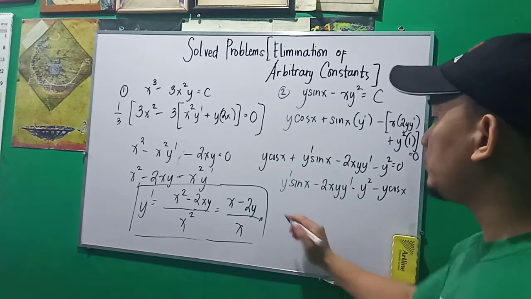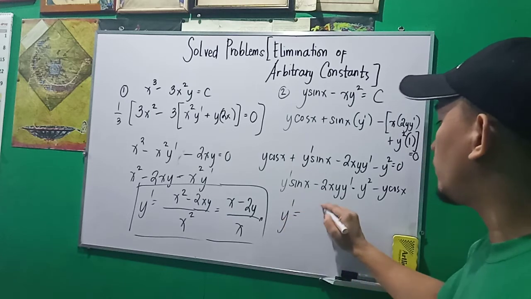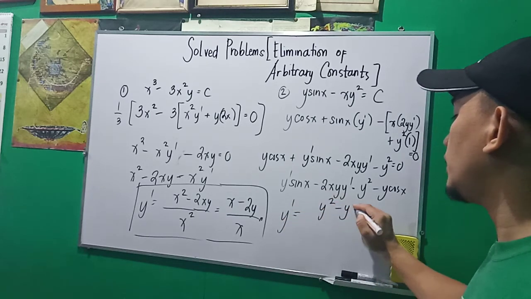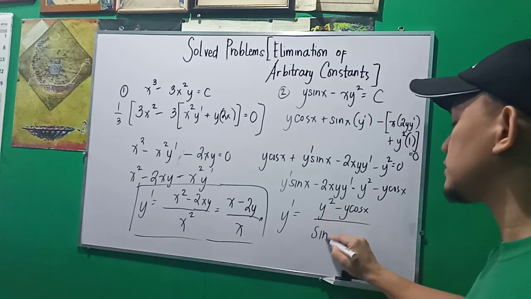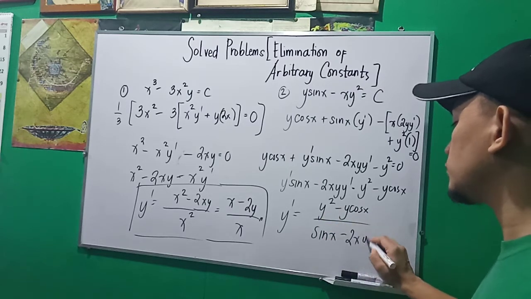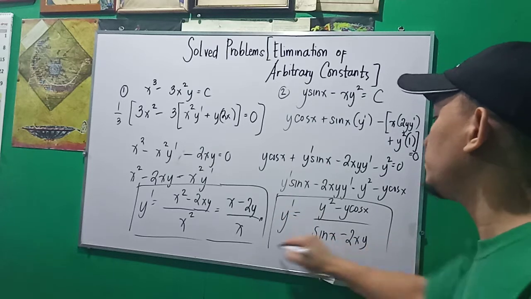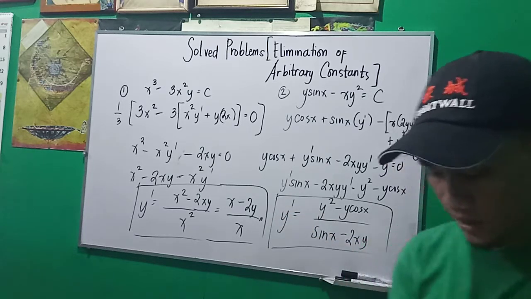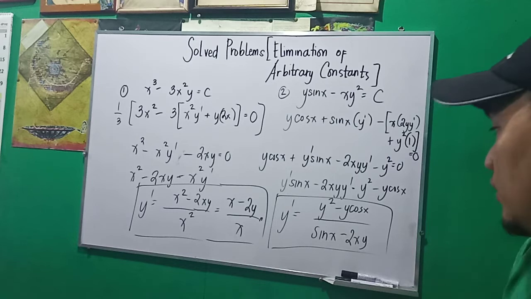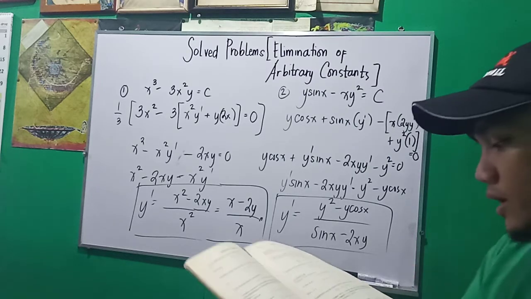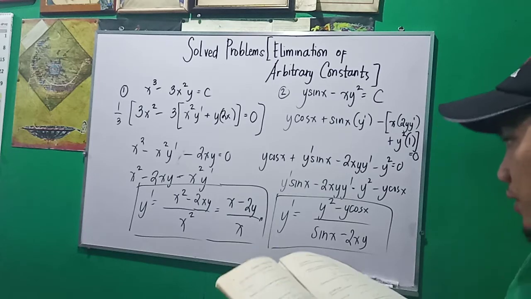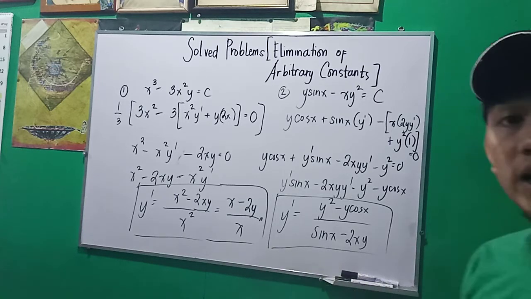Factor out y prime, ang lalabas, y prime is equal to y squared minus y cosine x all over sin x minus 2xy. So, yan na yung magiging pinaka-final answer natin mga lodi in terms of y prime. Okay, mga Lodi? So, naintindihan naman for sure.